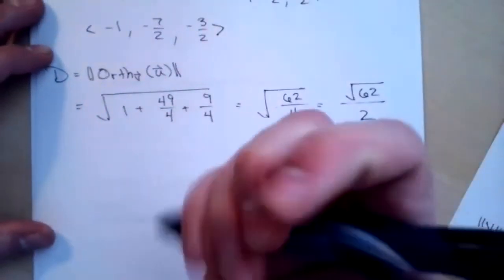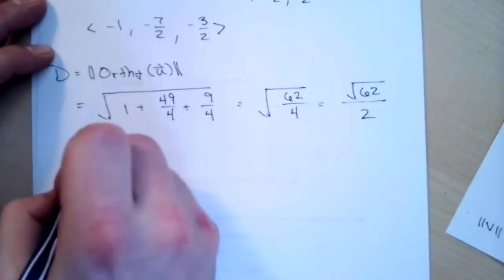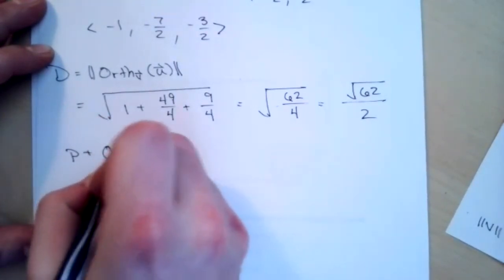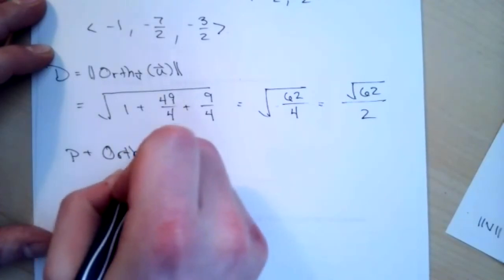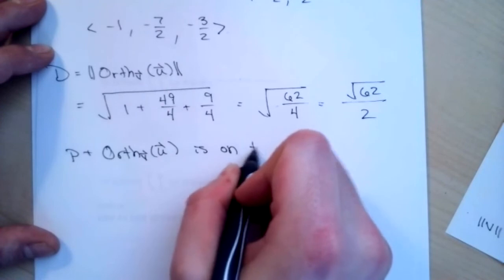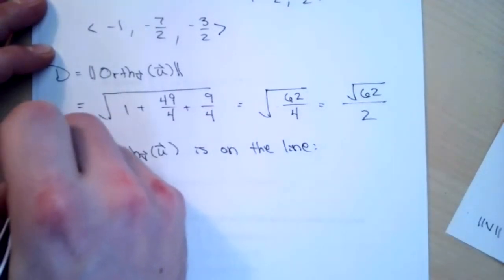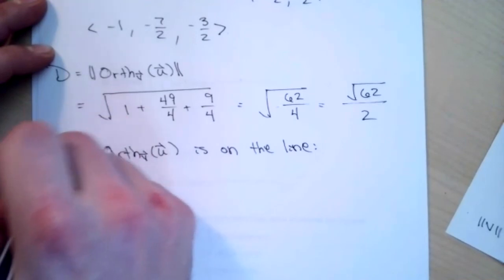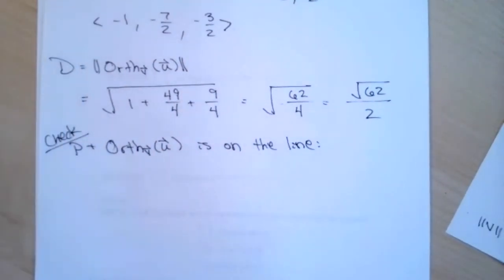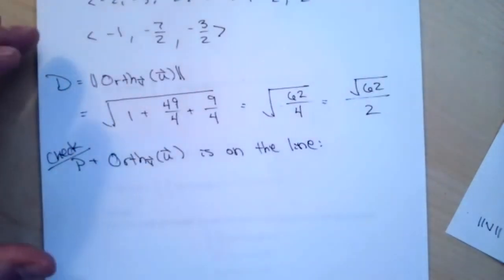Namely, P plus our orthogonal component. So let's write this. This is our check. And be careful with this. There are some homework problems along the lines of this, at least there were last semester.